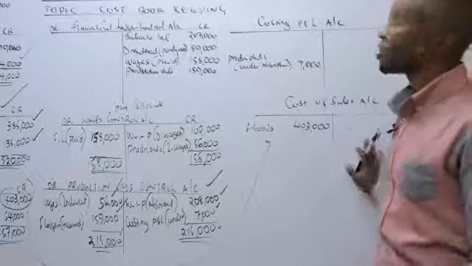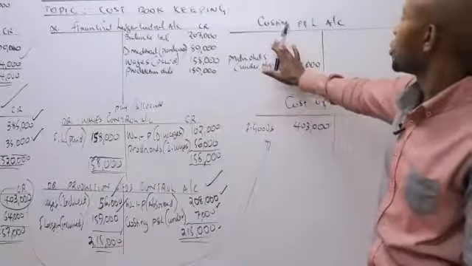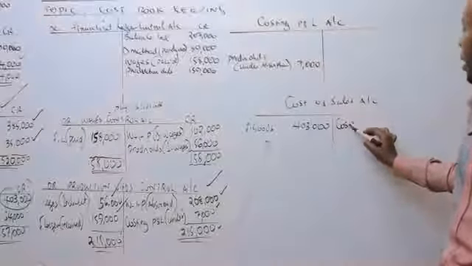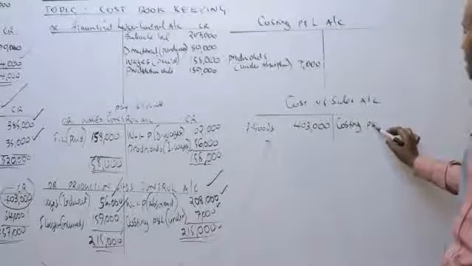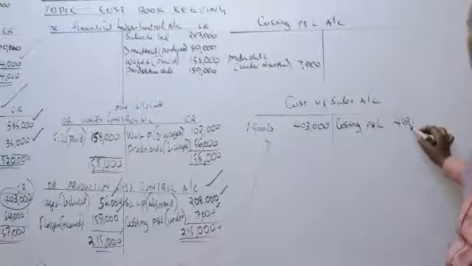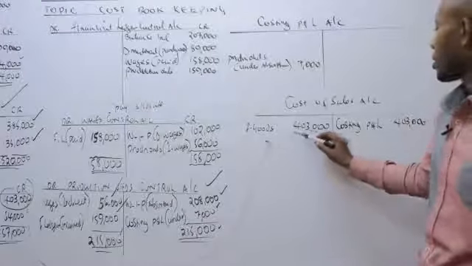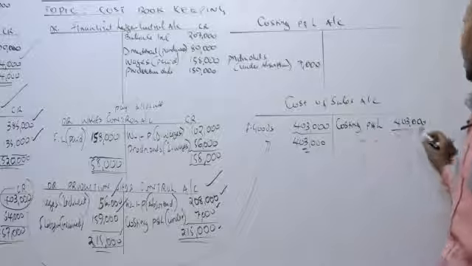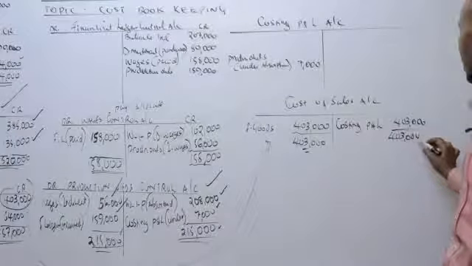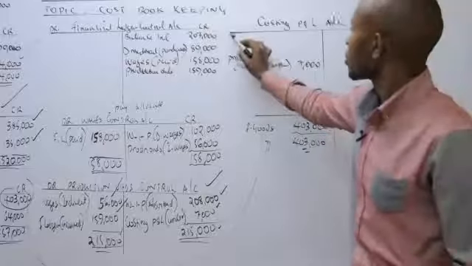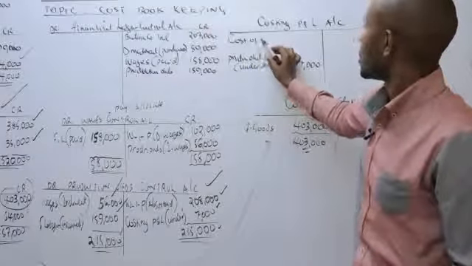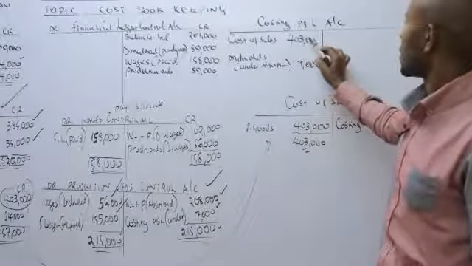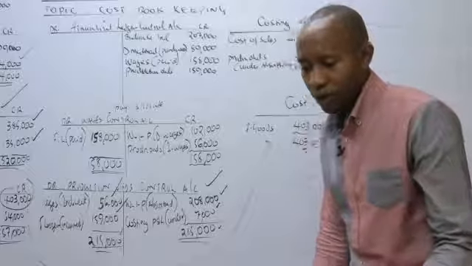So from the cost of sales, now we transfer it to the costing profit and loss. So we say costing P&L, which is 403. So this closes down like that, and it balances out like that, so that I have the cost of sales of 403 here.